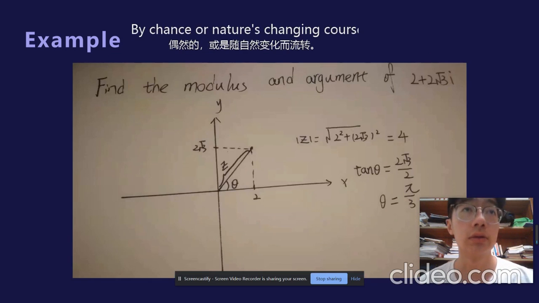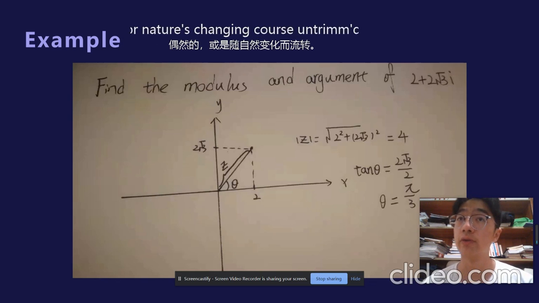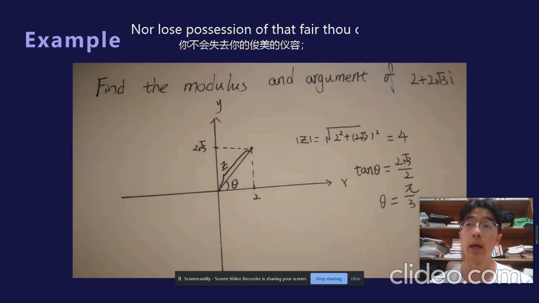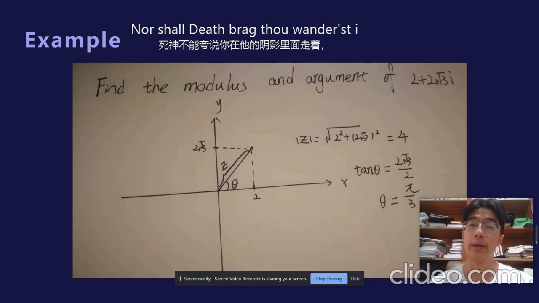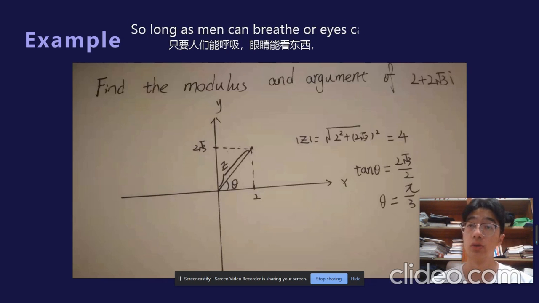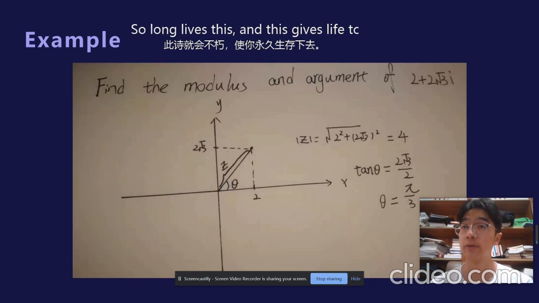Let's go through another example, which is to find the argument of 2 plus 2 times the square root of 3 times i. Similarly, we sketch the graph first and we calculate the modulus. The modulus is equal to the square root of 2 power 2 plus 2 times square root of 3 power 2, and it is equal to 4 finally.